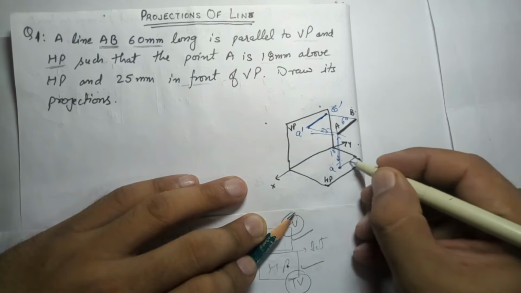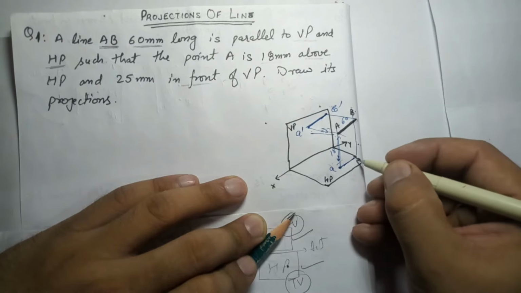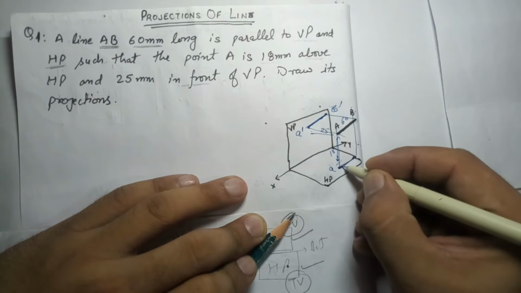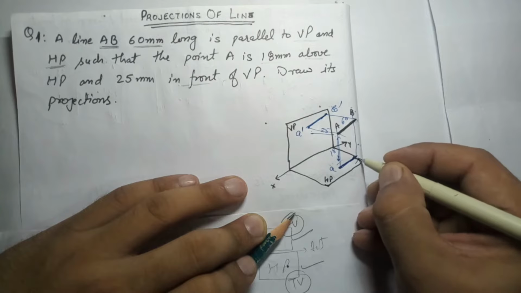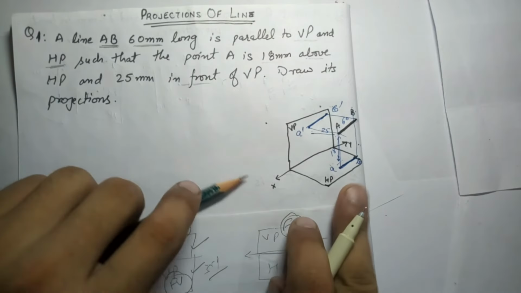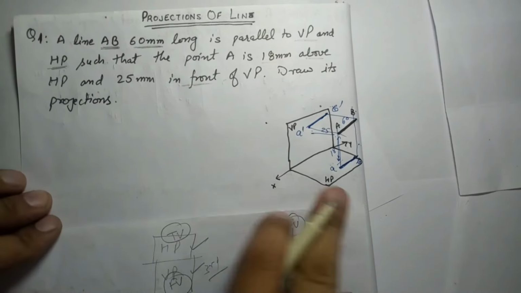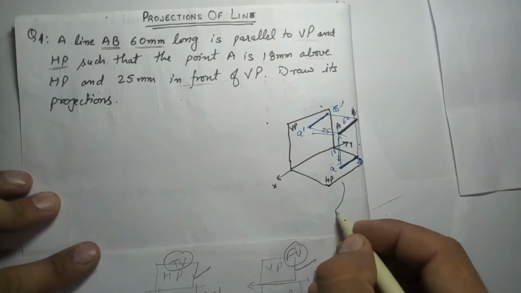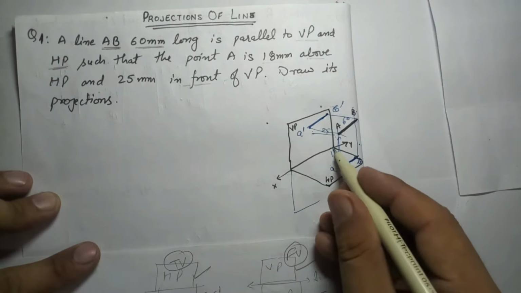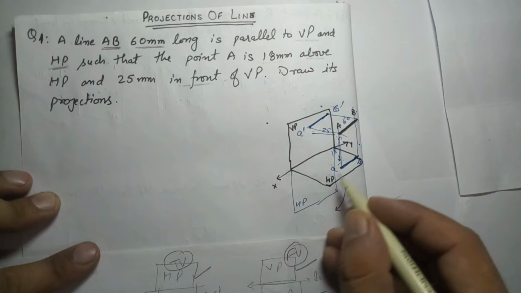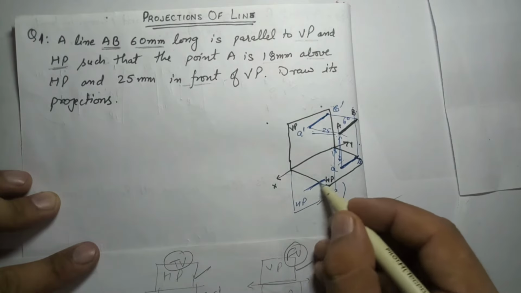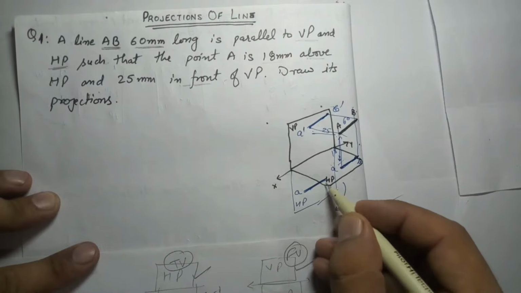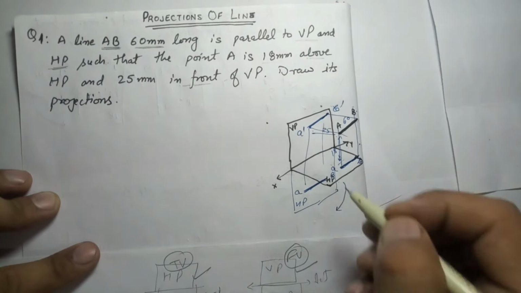I have explained all these things in the previous video. Just use the same concept of projection of a point. So this is the diagram. Now I will draw it after rotation. You remember we rotate HP 90 degrees clockwise. When you rotate, HP will go down and this view will also go down, parallel to XY, like this. And this is the diagram.